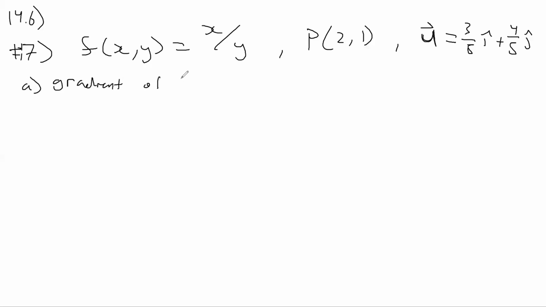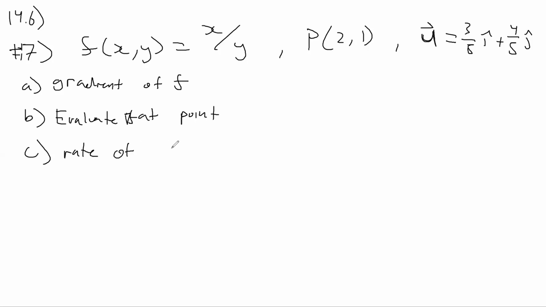Part b, you're trying to evaluate the gradient at the point. And part c tells us to find the rate of change of f at P in the direction of u.